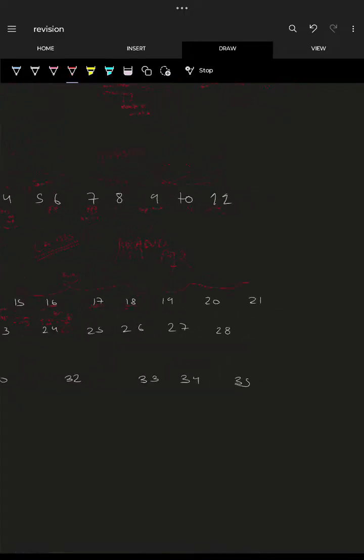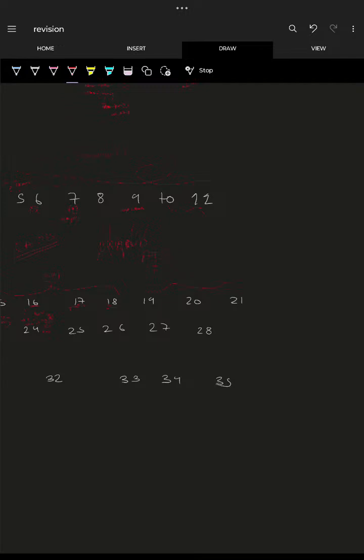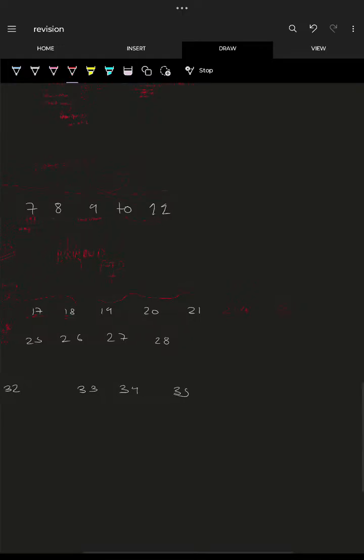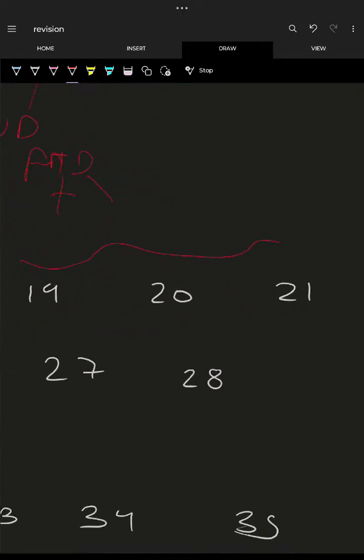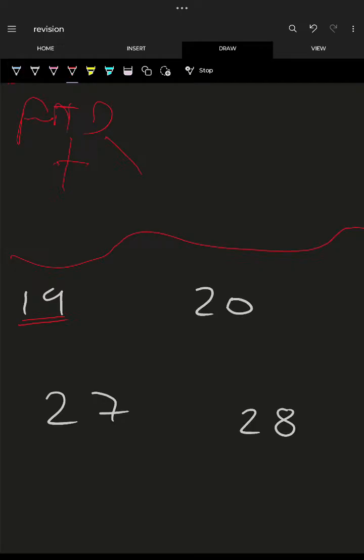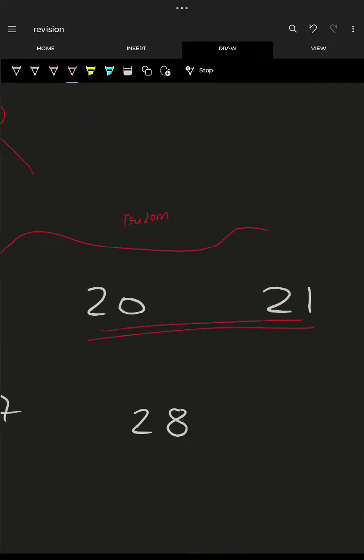Now 19 till 22: first is on equality, second is on freedom, and 20 and 21 are special ones which don't get removed or cancelled during the national emergency.